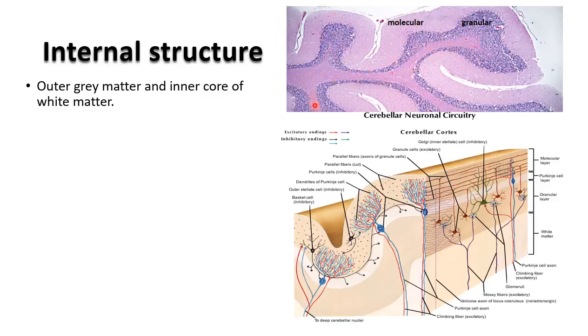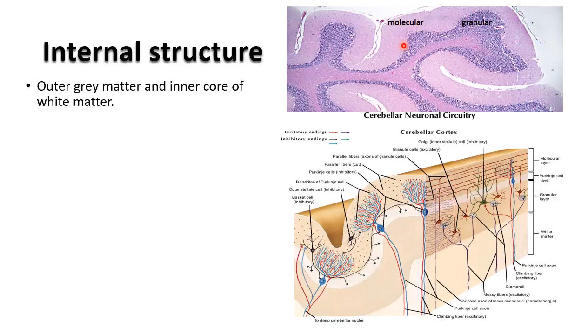The cortex of the cerebellum is actually homocortex. It is not heterocortex, which means it is uniform throughout the cerebellum. So you find the structure similar throughout the cerebellum.